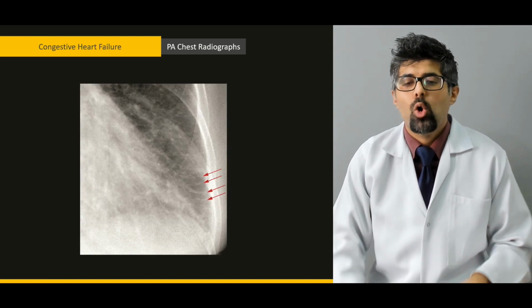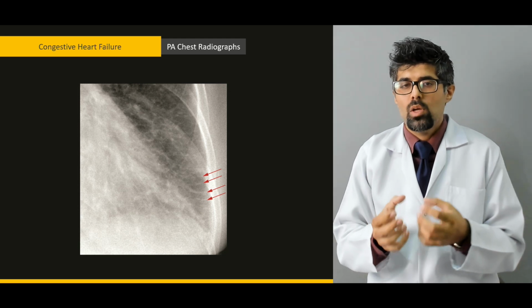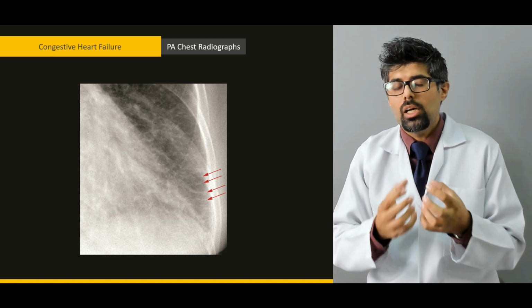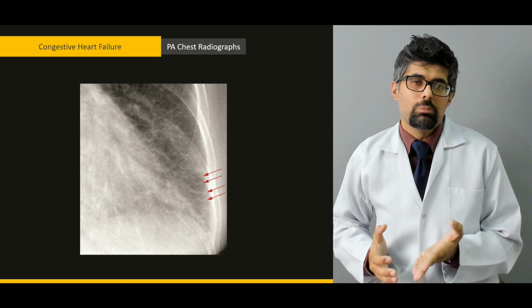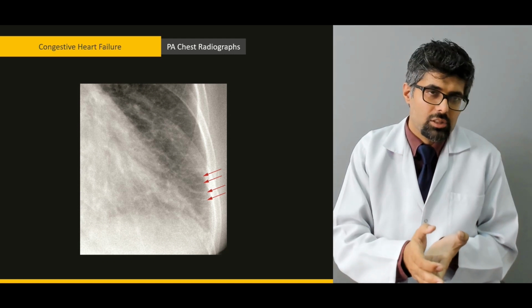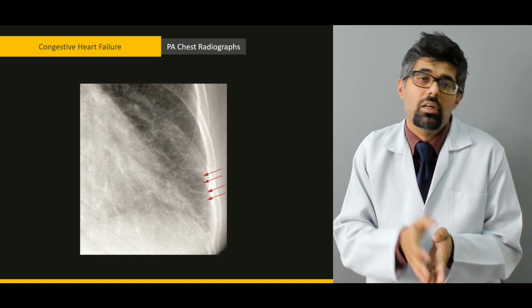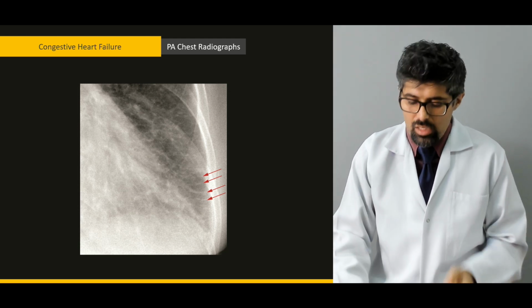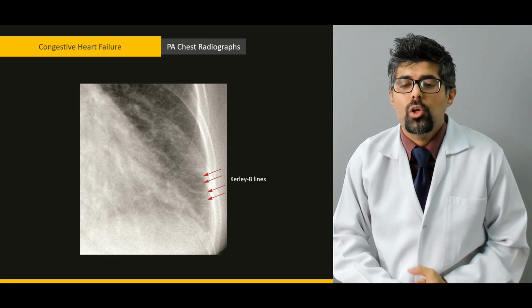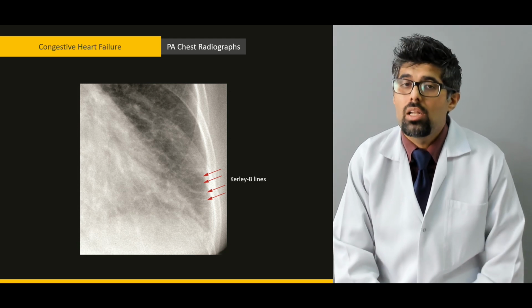Next, congestive cardiac failure also results in what is known as edema along the interstitium of the lungs, and that edema along the interstitial lines of the lung results in certain lines which are called Kerley B lines.